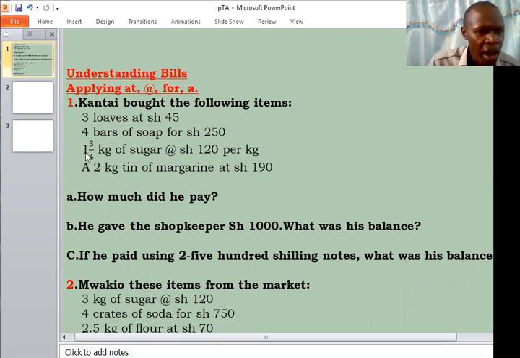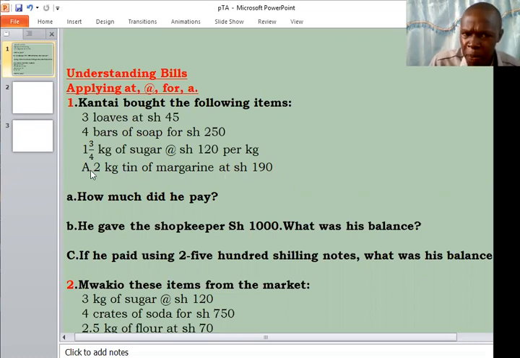We have 1 3/4. We are going to change it into an improper fraction. We shall take 4 times 1 plus 3. Then you'll multiply by 120 shillings. A 2 kilogram tin of margarine at 190 shillings.